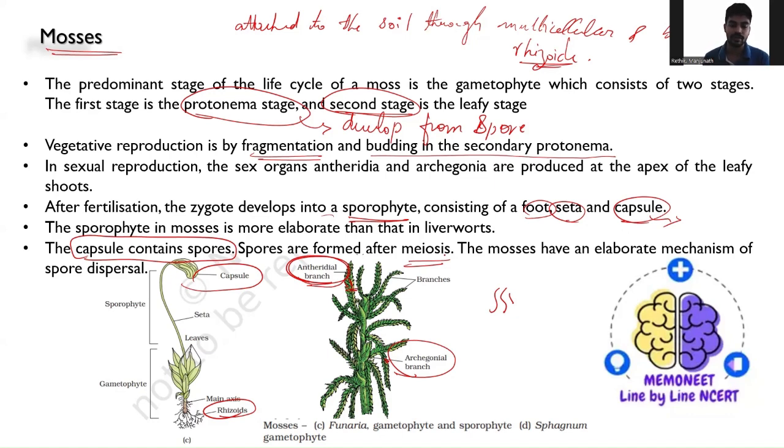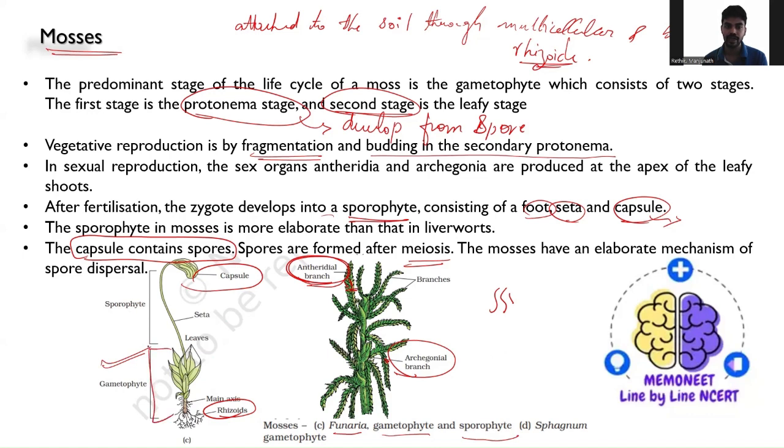Okay. So some of the examples of mosses that I have given, you can already see. One is Funaria. Funaria gametophyte and sporophyte, coming to this. Both gametophyte and sporophyte happen in Funaria. So you can see this, right?